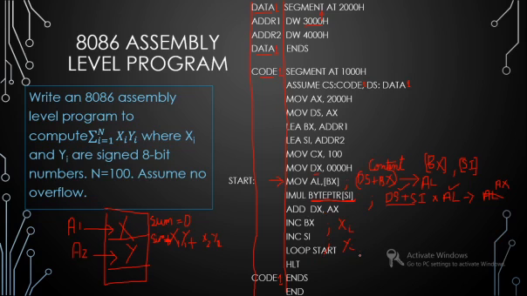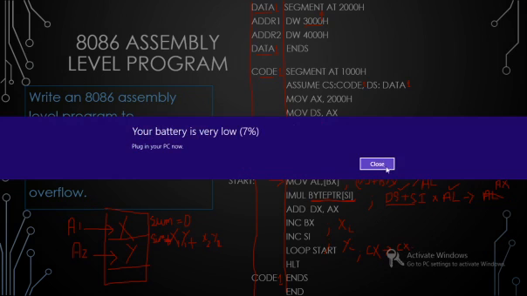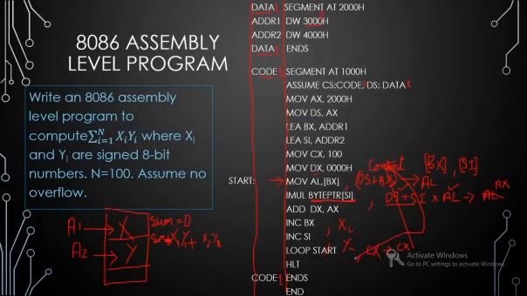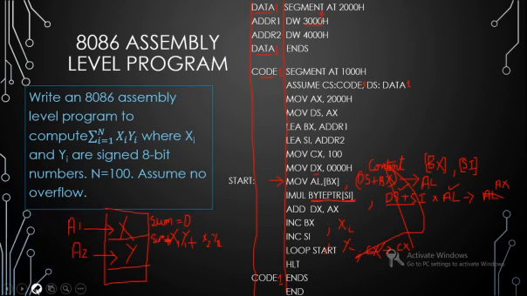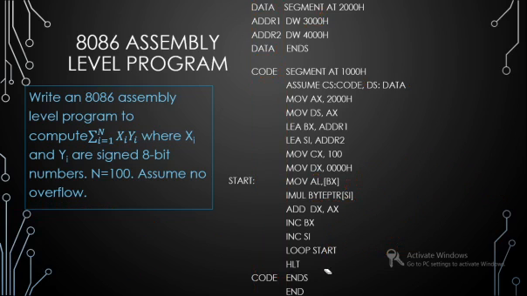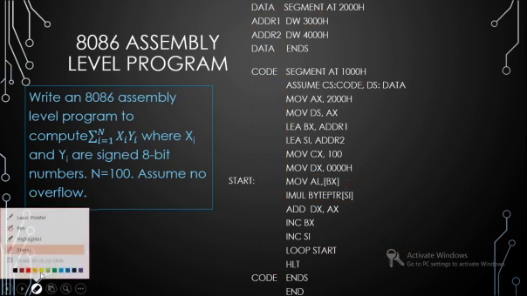So what is happening here? Until so CX will be automatically decremented, and after that, CX will be automatically decremented in this particular step, you can see.